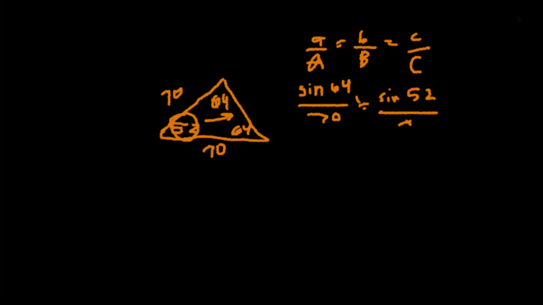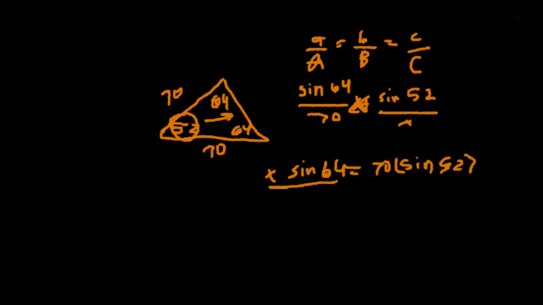So we'll cross multiply these, and so we'll get sine 64 multiplied by x equals 70 times sine 52. But we are looking for x, so we have to divide by sine 64 to isolate the x value. And so we'll divide both sides of the equation by sine 64.